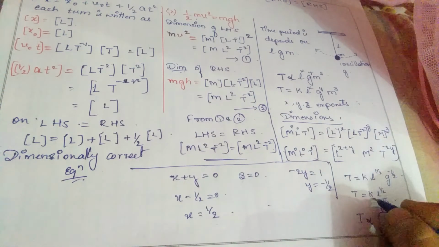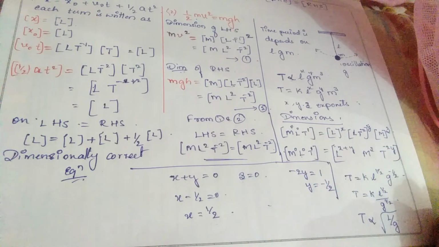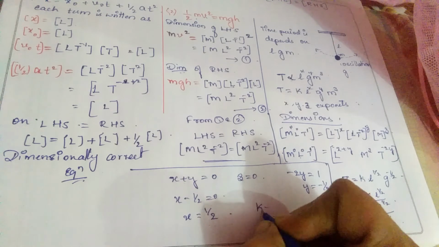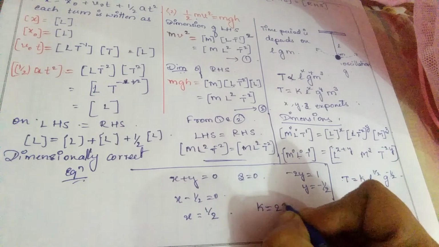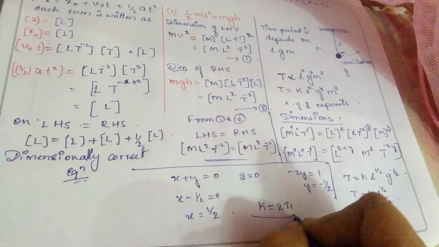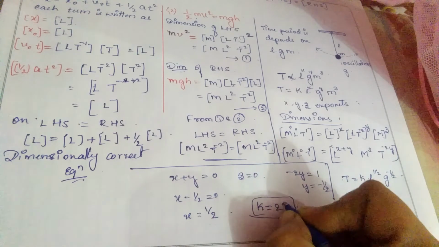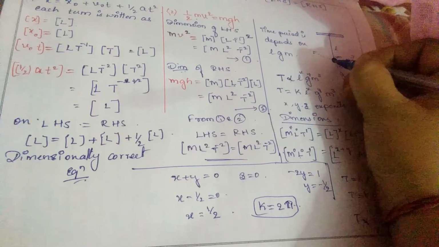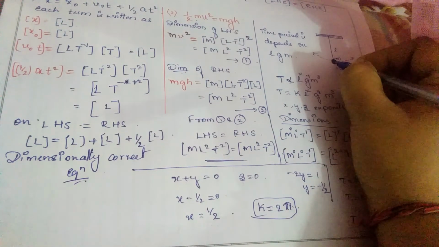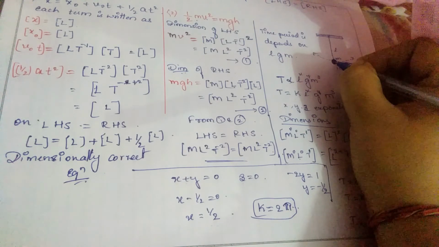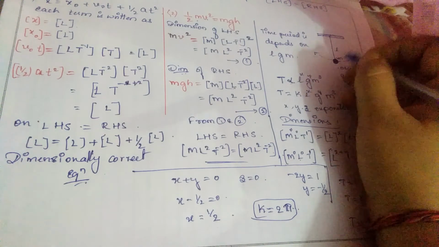Okay, this k value is a proportionality constant, and it has the value 2 pi. The 2 pi comes from the circumference of a circle.